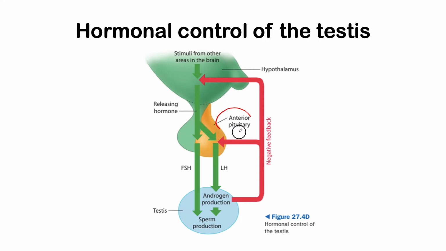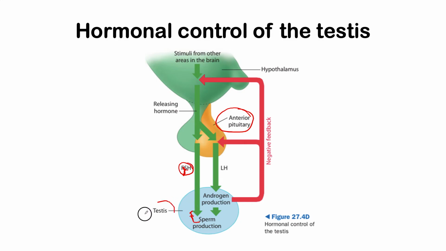The anterior pituitary will release your follicle stimulating hormone and your luteinizing hormone. So sa luteinizing hormone, this one would actually stimulate the Leydig cells to release testosterone, while your follicle stimulating hormone would aid in spermatogenesis.